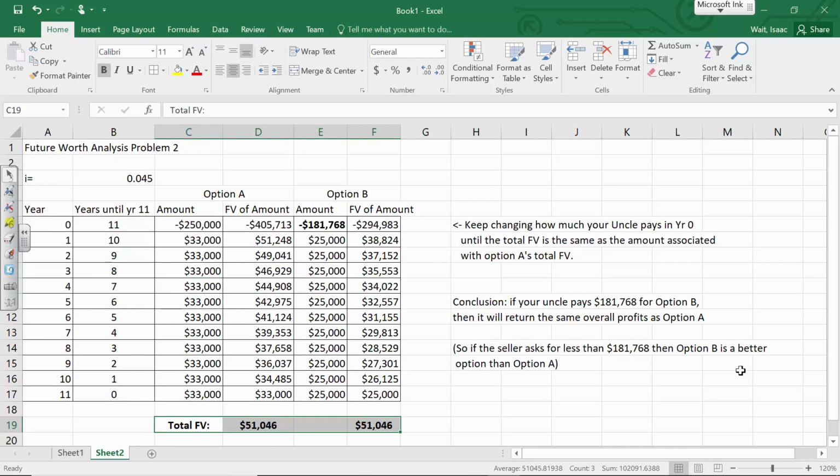and option A is worth $51,046 if everything's being compounded to the future at 4.5%. So let me tell you what that means.